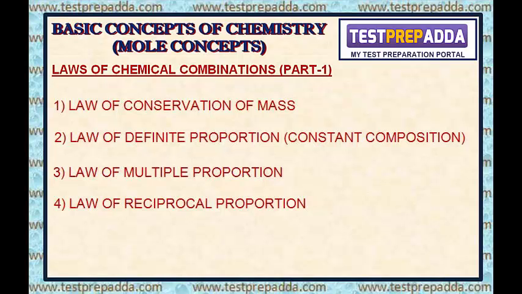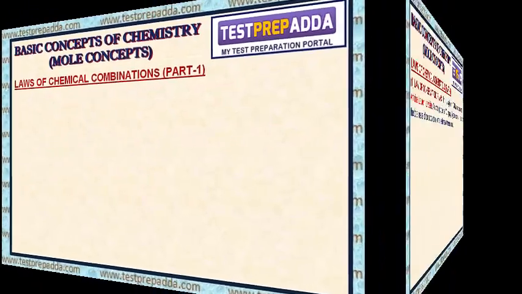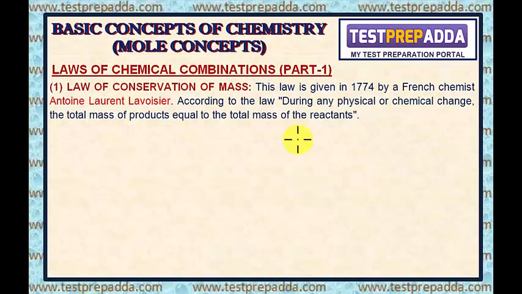So now the first law, that is law of conservation of mass. This law was given in 1774 by a French chemist Antoine Laurent Lavoisier.